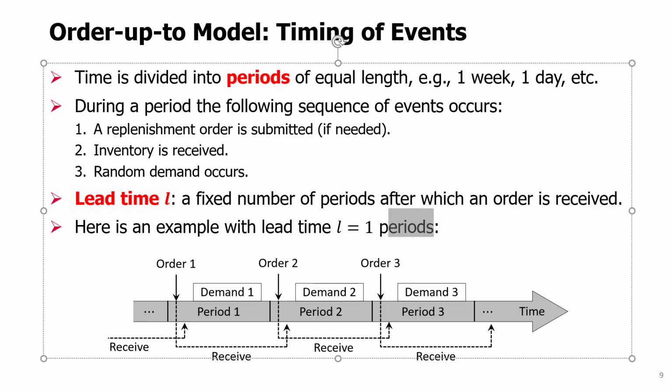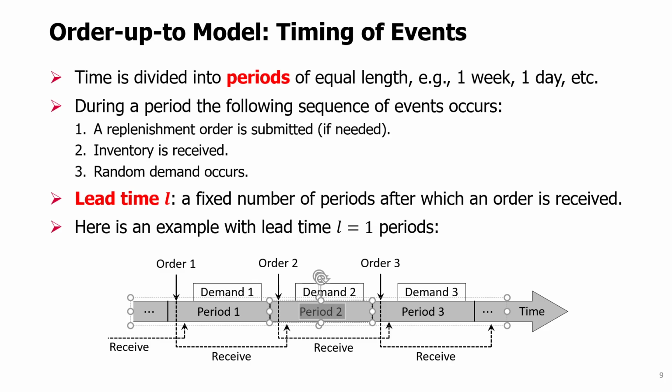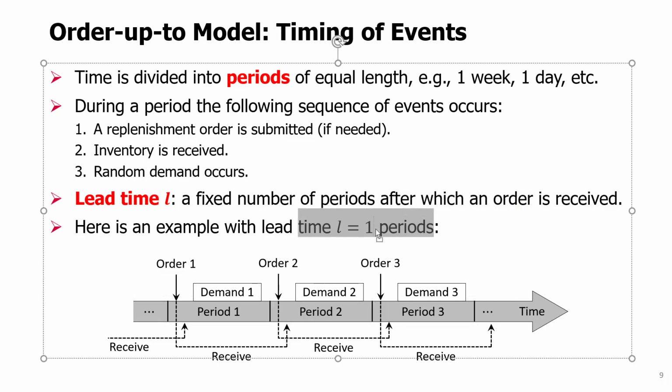So here is an example with lead time being 1 period and the timing of events. So for example, when you consider period number 2, what happens here is first we submit order quantity number 2, right? So at the beginning we order some units. Then we receive what we ordered in period 1, because there is a lead time of 1 period, right?